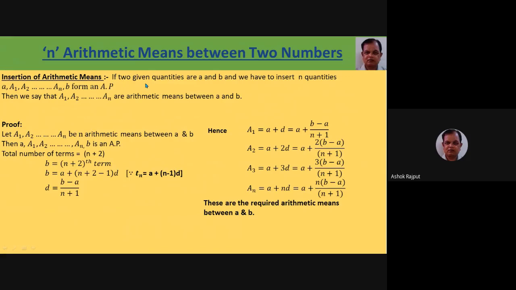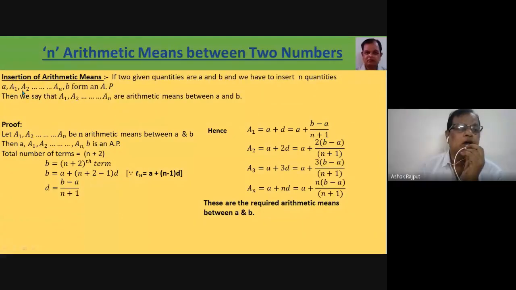If two given quantities are a and b, and we want to put n terms between these two, A1, A2, A3, and so on up to An.